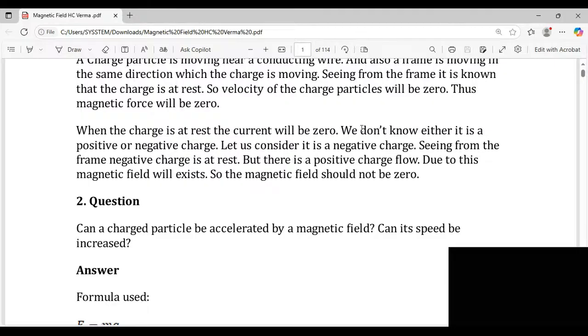We don't know whether it is a positive or negative charge. Let us consider it is a negative charge. Seen from the frame, the negative charge is at rest, but there is a positive charge flow. Due to this, a magnetic field will exist, so the magnetic force should not be zero.